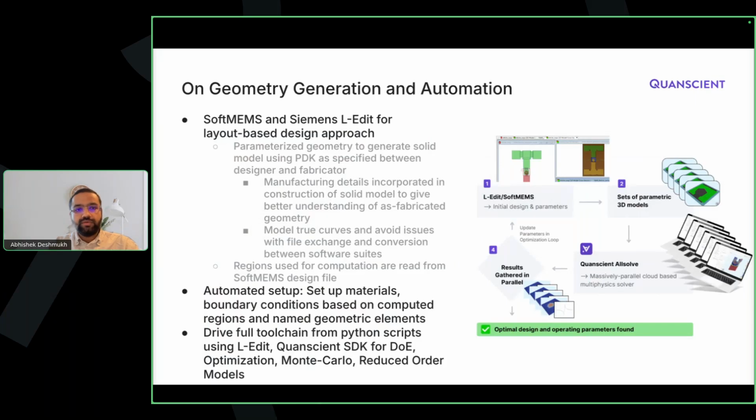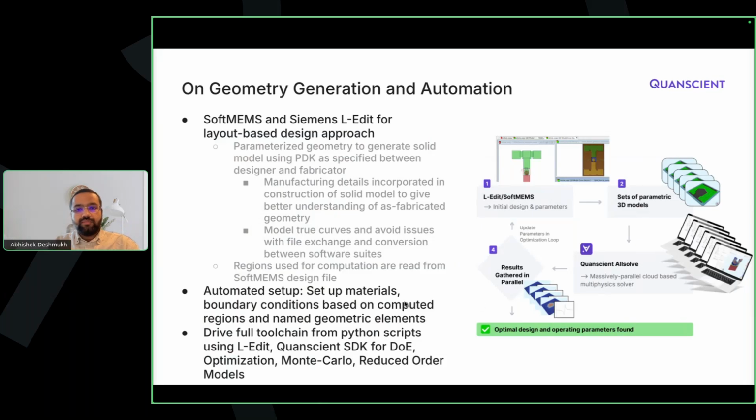So we imported this geometry from SoftMEMS, where we have developed this API based workflow together with SoftMEMS, which lets us import the design or the parameterized geometries from SoftMEMS into Allsolve. And the good thing is that you can design your process in SoftMEMS and have everything there and readily export that to Allsolve.